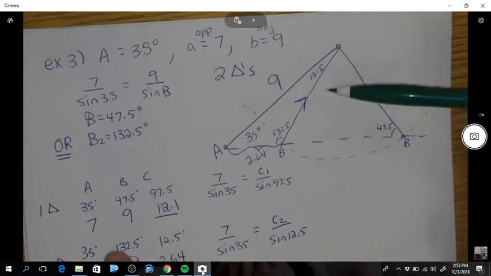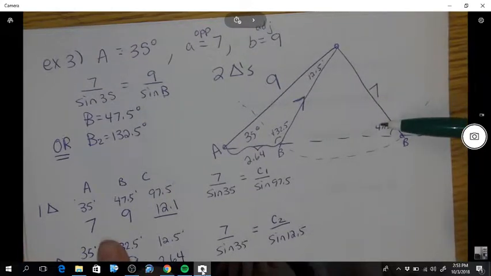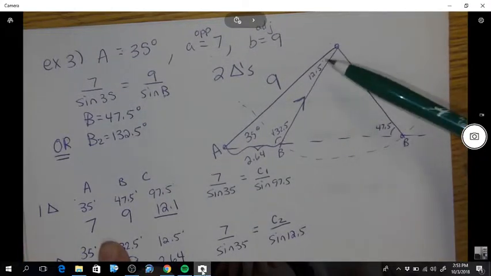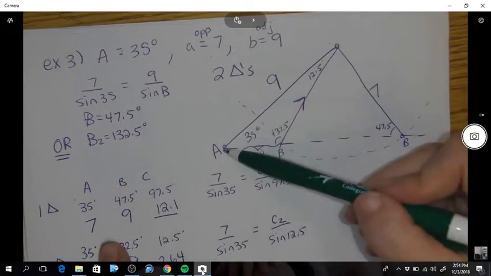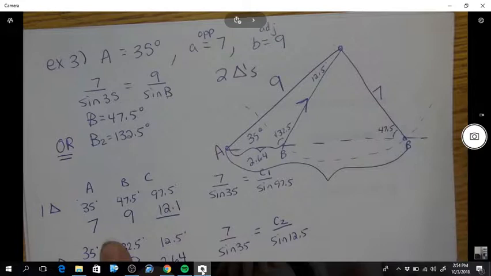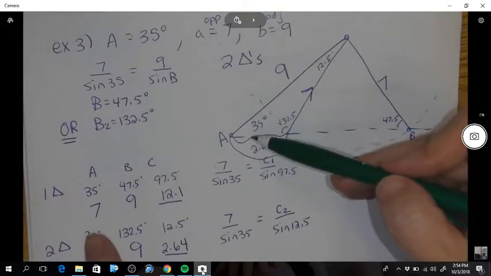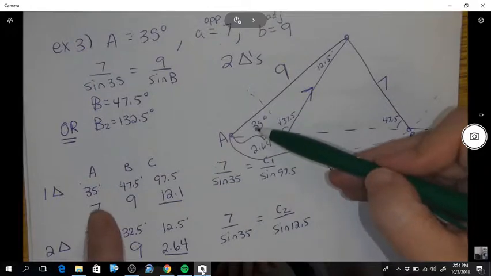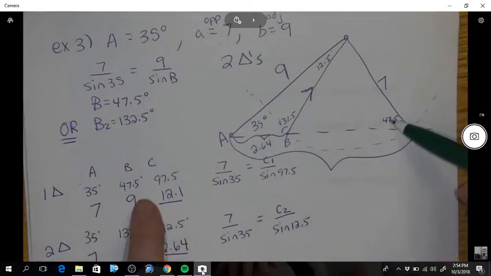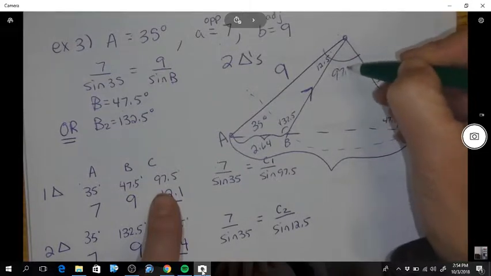Now in the acute triangle, 9 is across from this angle. So that triangle looks like this: 9, 7, and that whole distance. You can see that angle right here. We did 35, 47.5, and then this top one is 97.5.